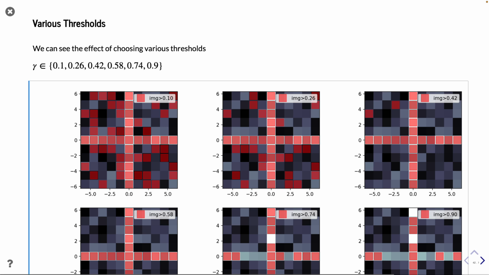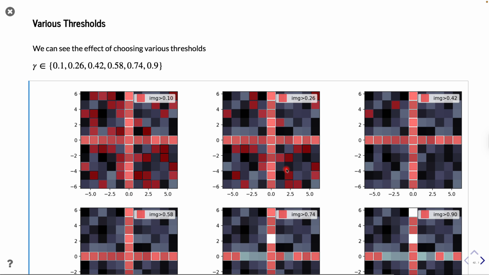So here I have a wide set of thresholds to apply. And if we have a too low threshold, you can see there is a lot of misclassifications. So that threshold was not good enough. This one, yeah, it's still not good.